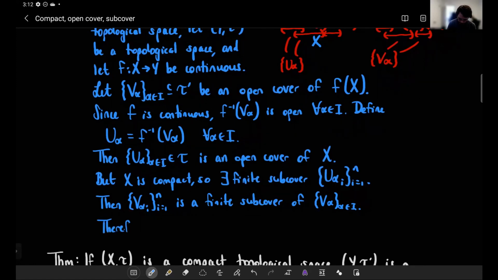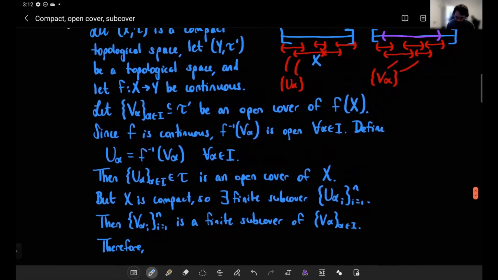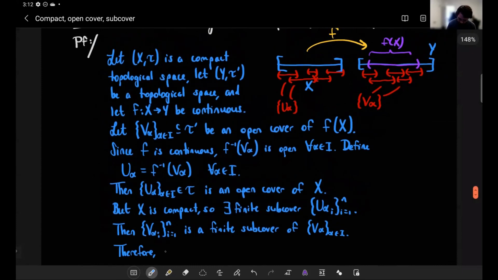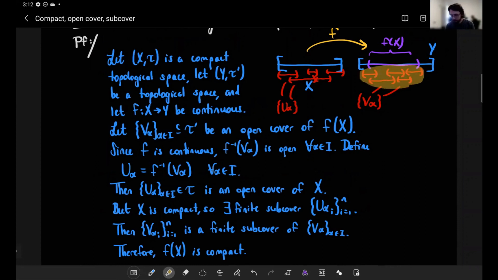Therefore, what does that imply? That implies f of X, the image of the domain, is compact. Because I started with some arbitrary open cover and proved it had a finite subcover. And again, this one's a bit wordy, but when you sit down and think of it, all you're saying is take some open cover of the image, pull it back to a compact space.